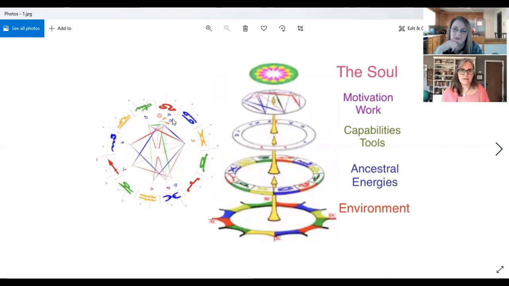One's about abundance and your self worth, one's about your early childhood, one's about your creativity, and one's about your work with groups and partnerships, higher education and relationship to society. So it really creates this whole picture of self when you bring all 12 houses together.